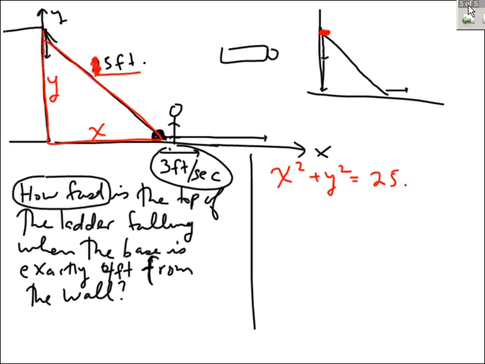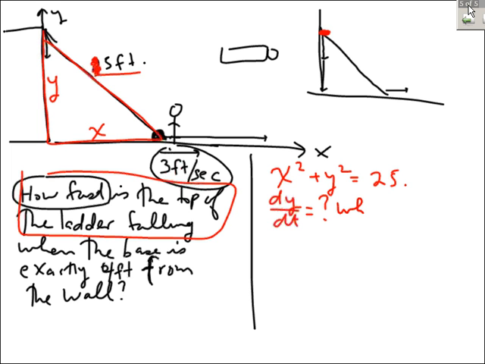Well, how fast is the top of the ladder falling? So they're saying, what is dy/dt? What is dy/dt? That brought us up to here. When the base is exactly 4 feet from the wall. So x is 4.